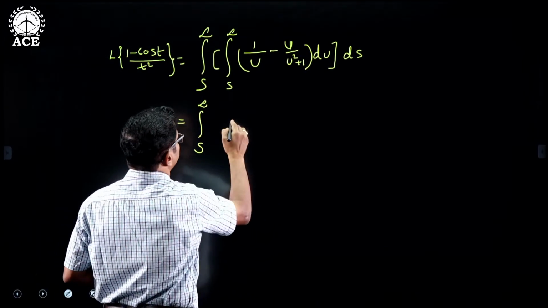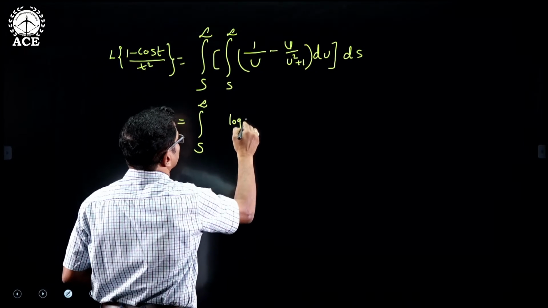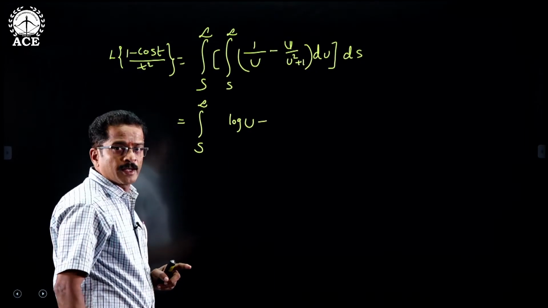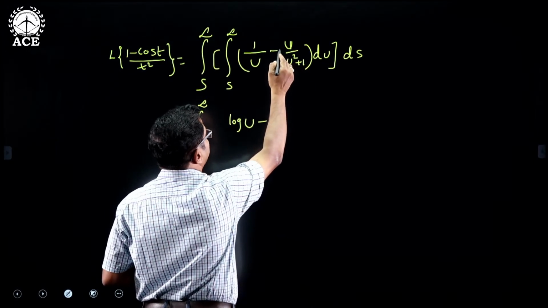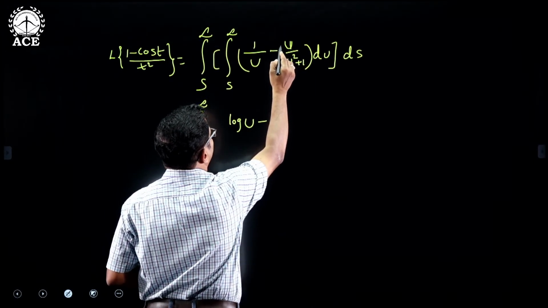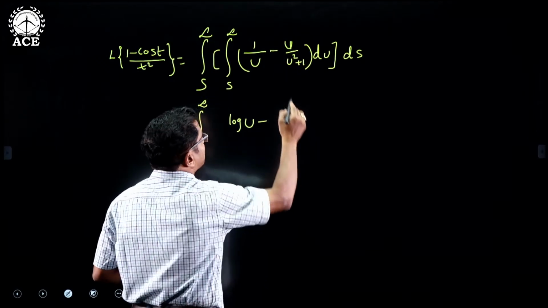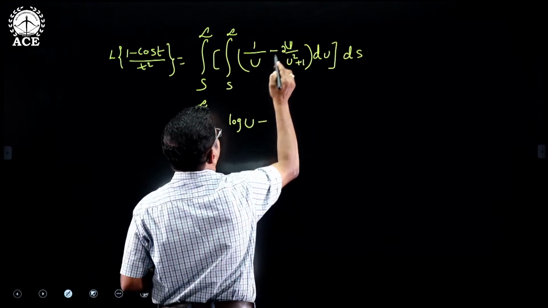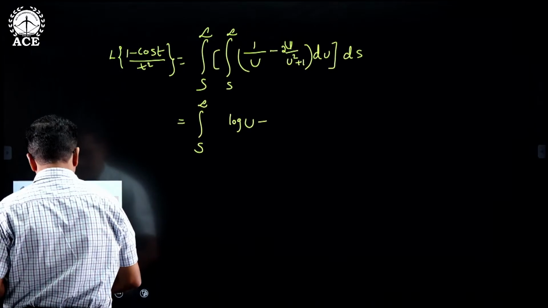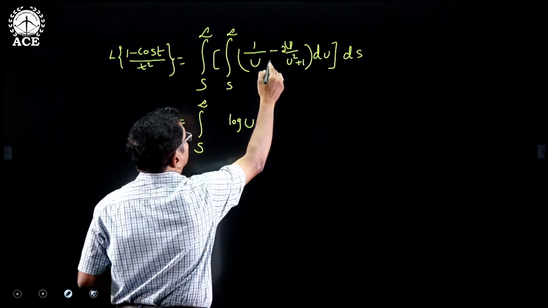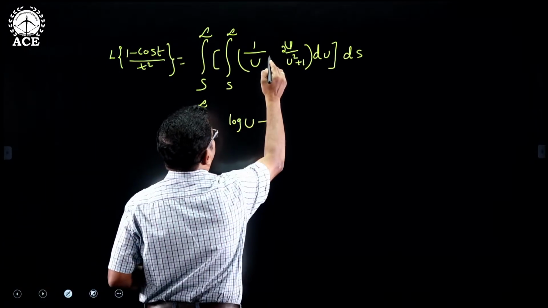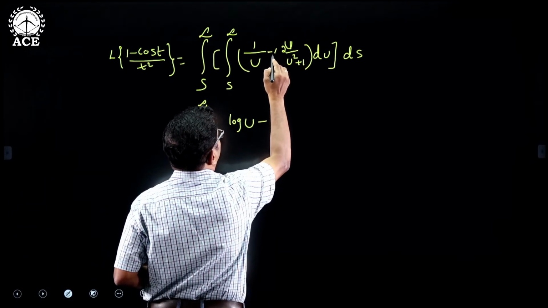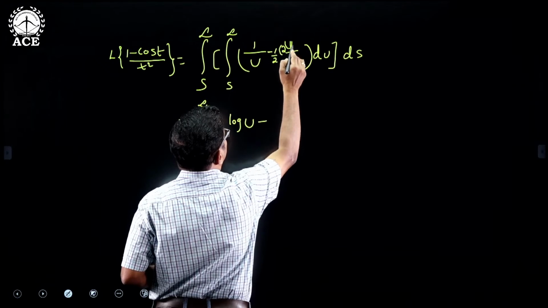The integration of 1 by u du is log u. Okay, so for u by u square plus 1, if I multiply by 2 and divide by 2, it is going to be 2u, no?